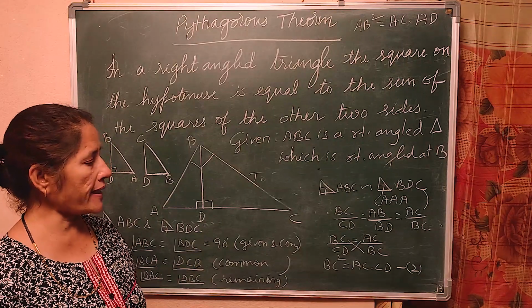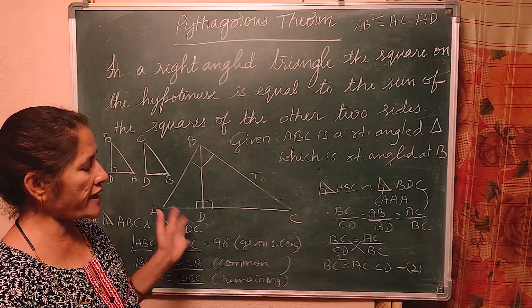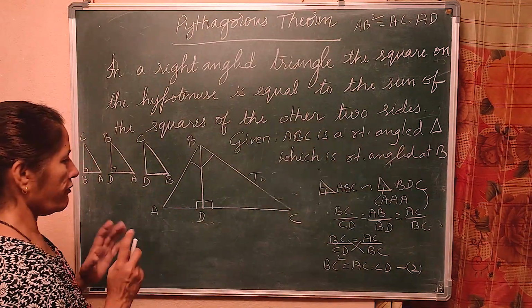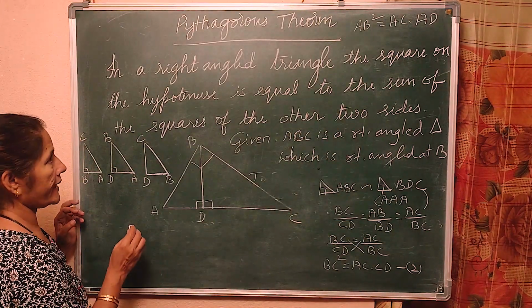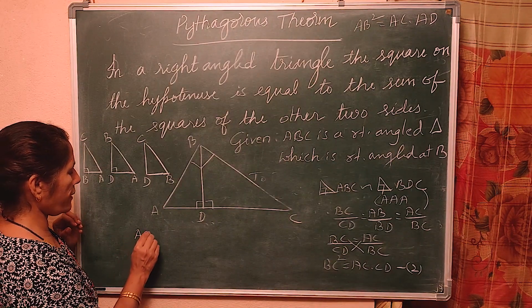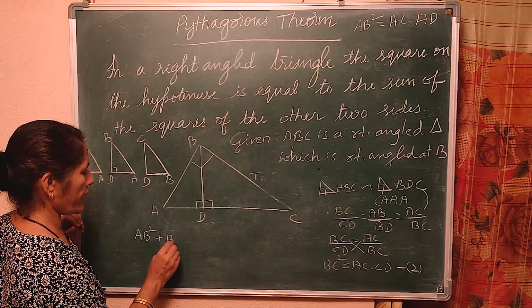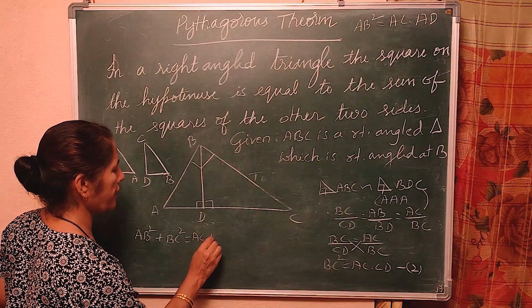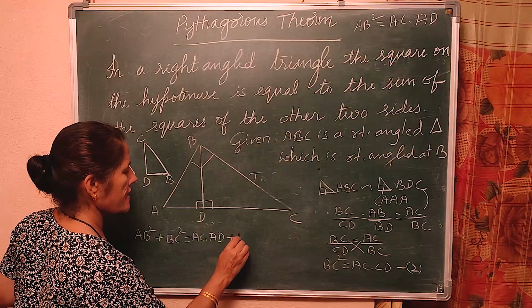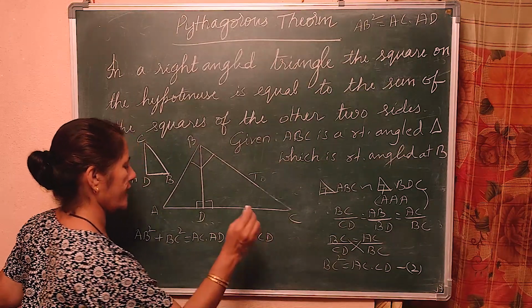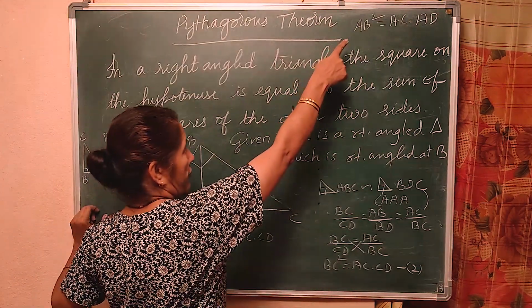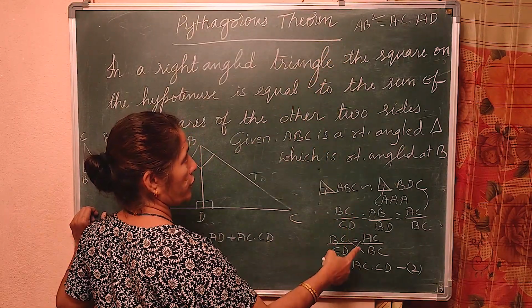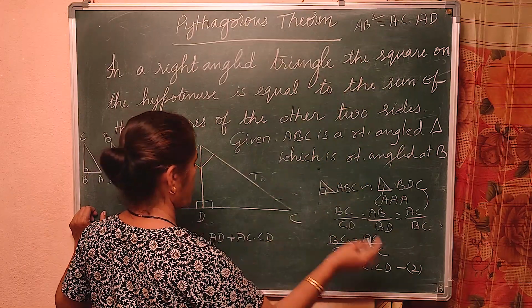Now what I have to do is add those two. When you add, what will I get? Let us see. When I add 1 and 2, I get AB square plus BC square is equal to AC into AD plus AC into CD.